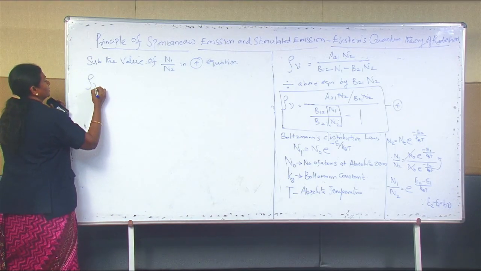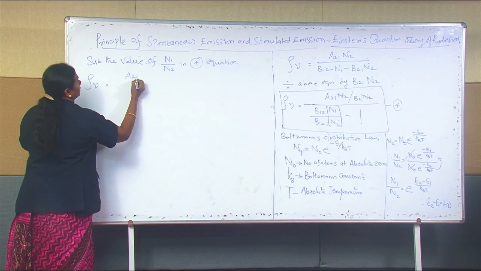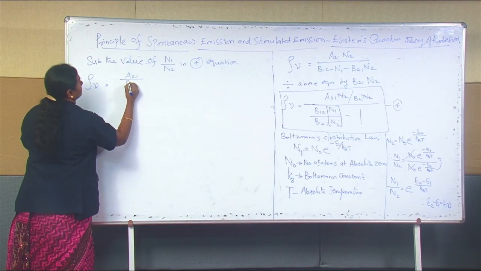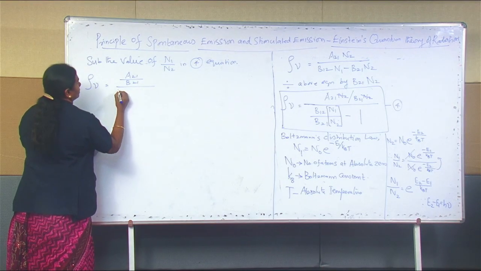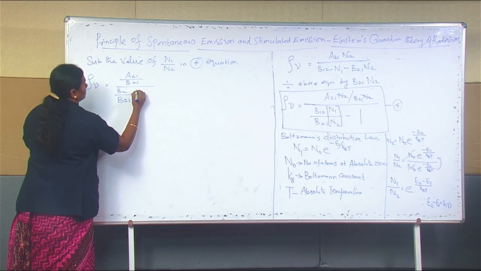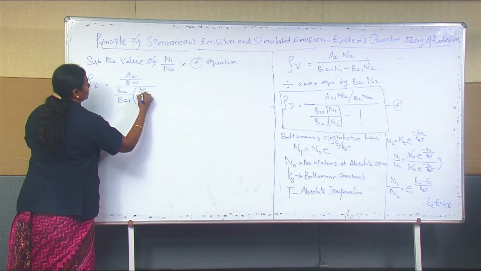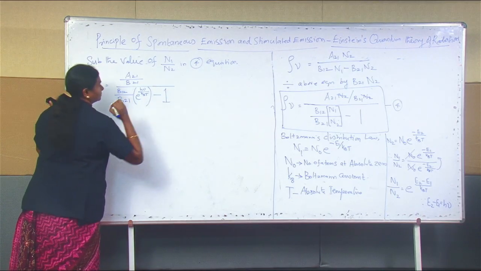Therefore, rho nu is equal to A21 by B21, divided by B12 by B21 times e to the power of h nu by kBT, minus 1.